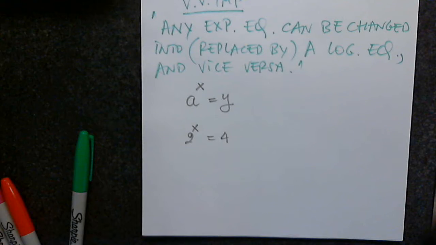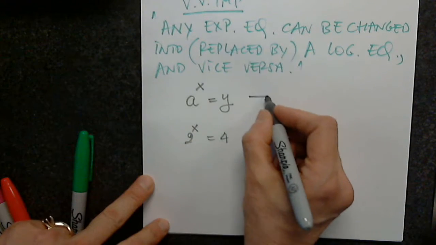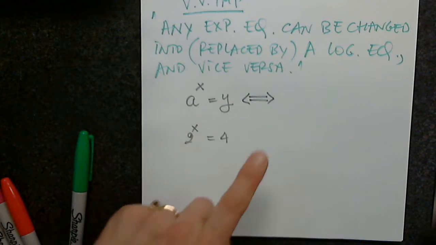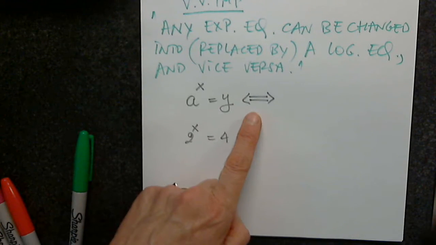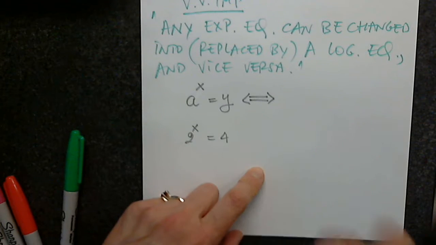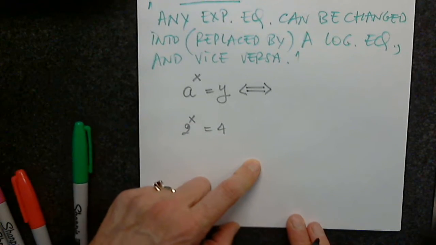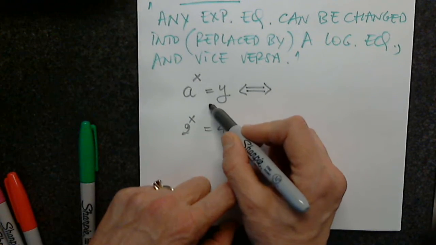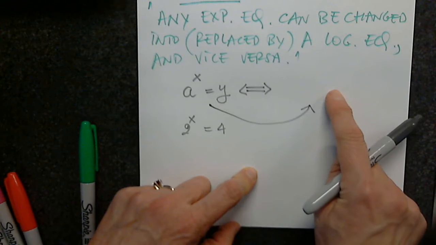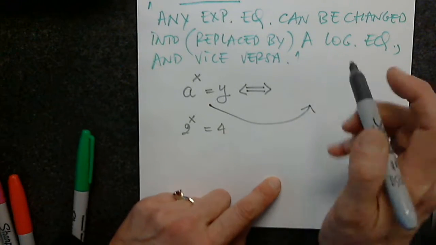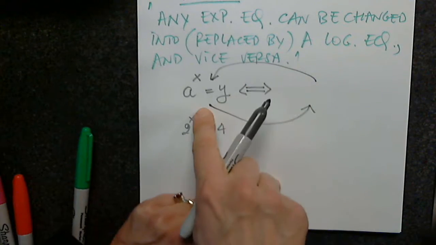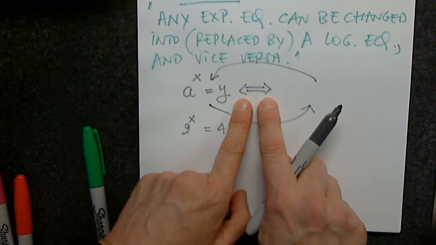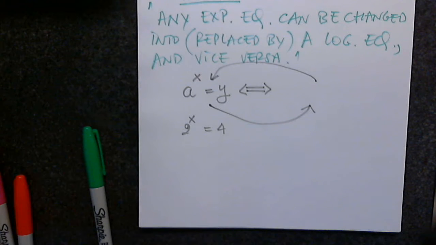So x is the variable. Is this an exponential equation? Yes. Okay. This will be always equivalent to, and this is the double equivalency. What does this mean? It means that, you will see this also in calculus, this equation can be changed into this equation, and this equation can be changed into this equation. That's a double equivalency. I start from left, I can go to right. I start from the right, I can reach the left. Okay.